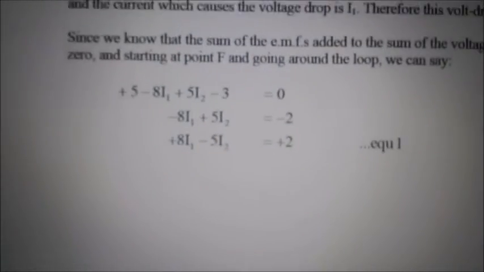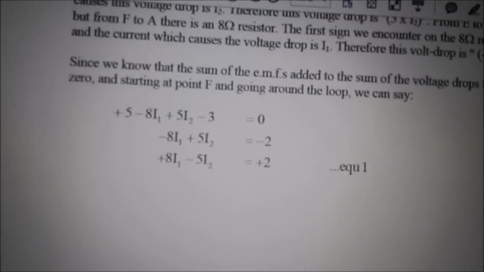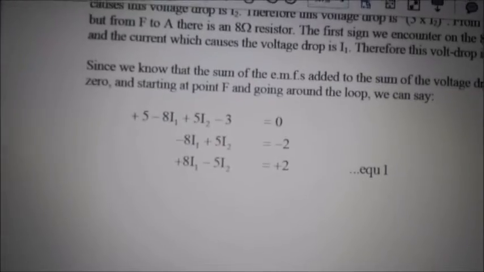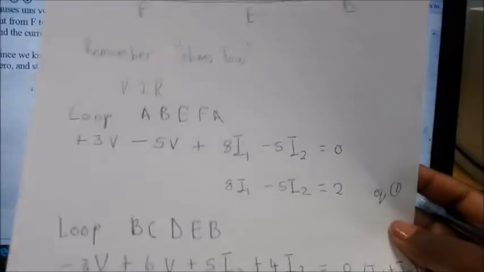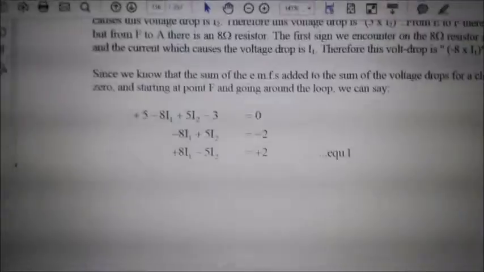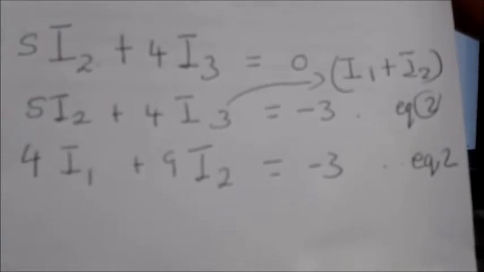We will just verify. Let's go back. According to the notes, equation 1 is 8 minus 5I2 plus 2, which is exactly what we have here. The next thing is equation 2, and equation 2 says 4I1 plus 9I2 equals minus 3, and that is what we have written here.